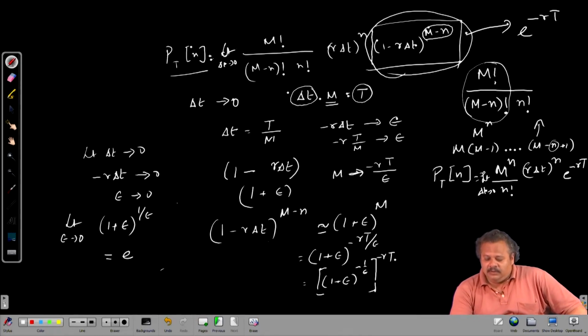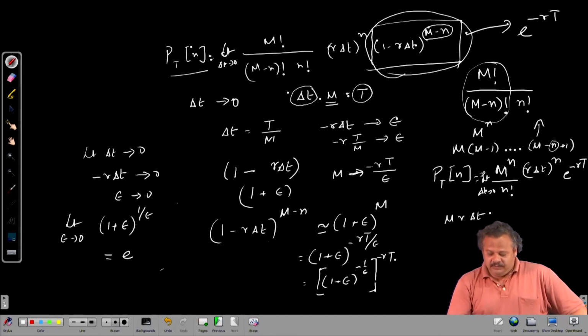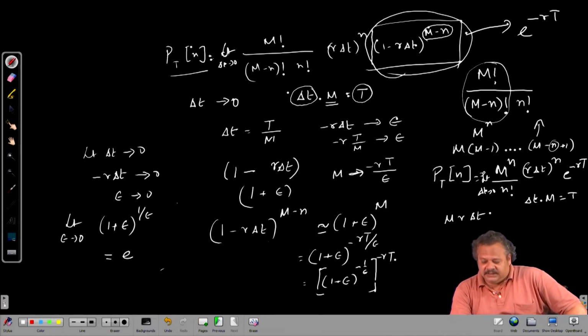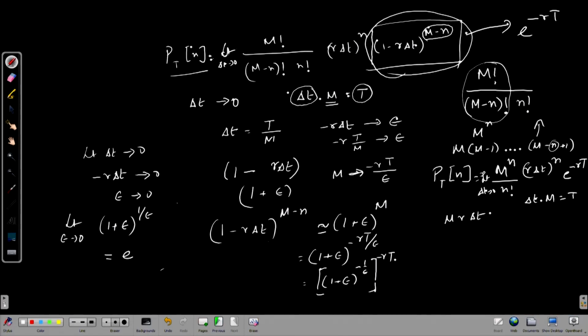Now, actually m r delta t can be replaced by, using our delta t times m equal to capital T, m delta t can be replaced by T. So m r delta t becomes rT, and so the overall expression turns out to be P_T(N) equals (rT) to the power n divided by n factorial times e to the power minus rT.